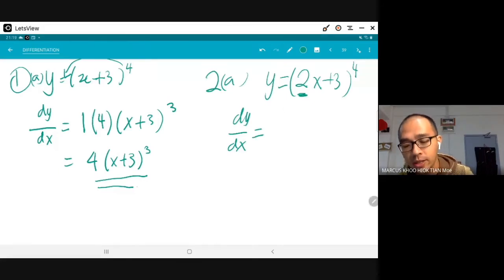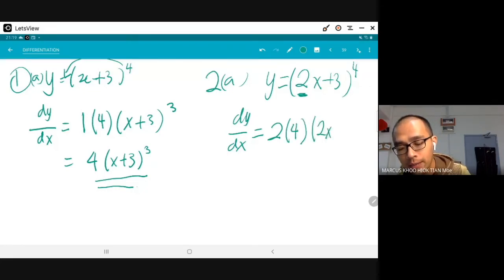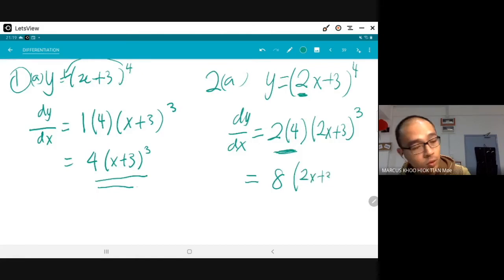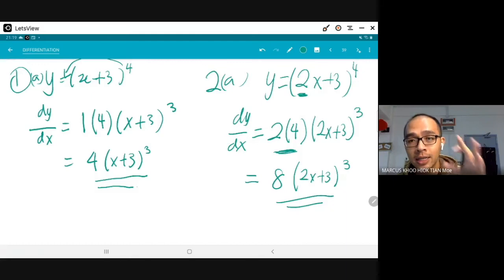The number a is 2, times the power, which is 4. And then (2x plus 3), nothing in the bracket changes except the power, so the power becomes 3. And what do you do with these two numbers? You multiply. So you get 8(2x plus 3) to the power of 3, and you leave it there. Don't touch the power of 3. No need to make your life difficult.